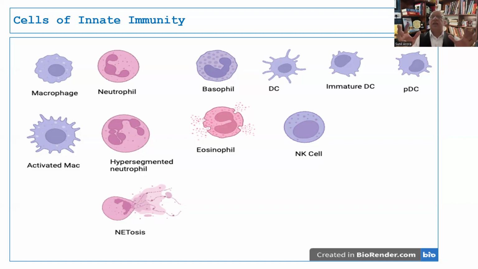So this leads to a temporary increase in the oxygen consumption by these cells, which is called the oxidative burst or the respiratory burst, which leads to formation of all these lethal oxygen and nitrogen intermediates, which leads to the death of the pathogen, and also removal of all those cells which are abnormal.